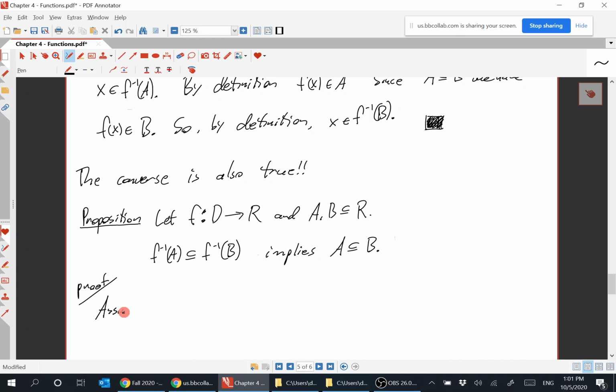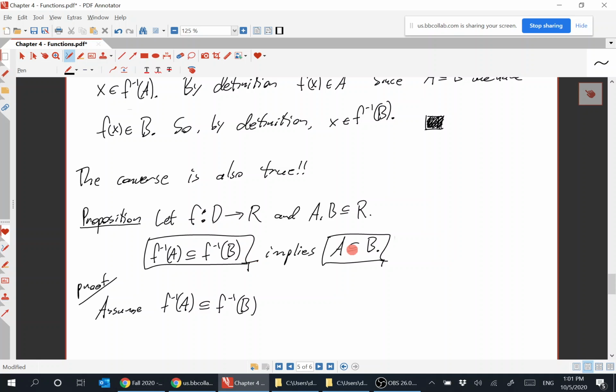Okay, assume that f inverse of A. So again, you need to assume the hypothesis. That's the hypothesis right here. Assume that's true, and now show that this is true.